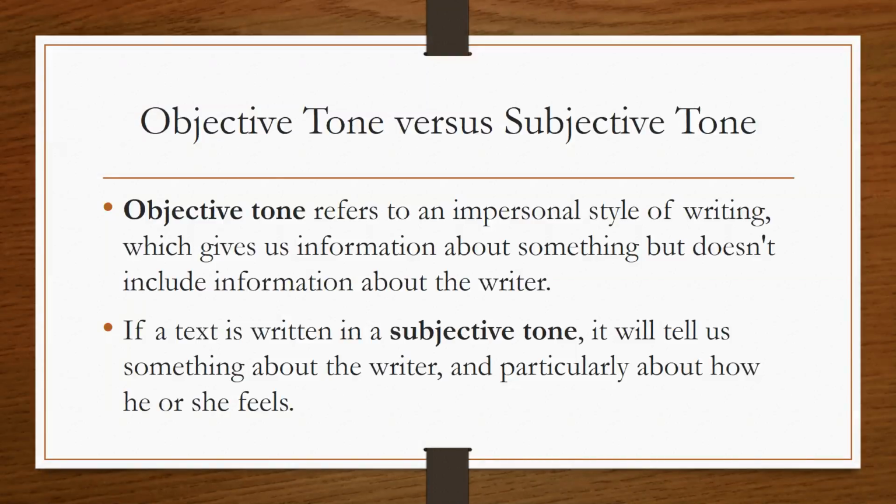So when we talk about objective tone, what we mean is an impersonal style of writing. And I hate that the word impersonal has such a connotation of negativity, that when we say something is impersonal, that means that it's cold, that it's distant, that it's unfeeling, and we mean all of those things in a negative way.